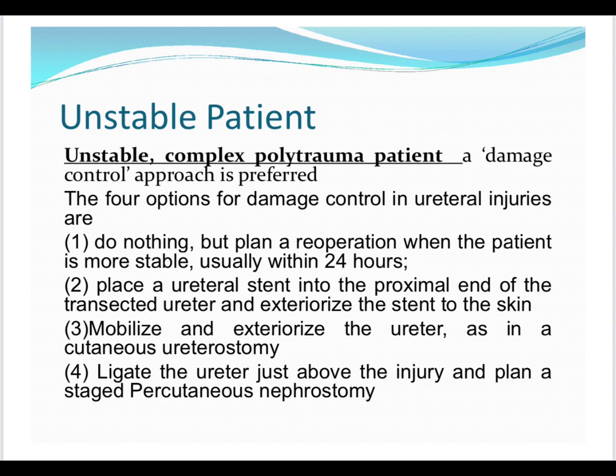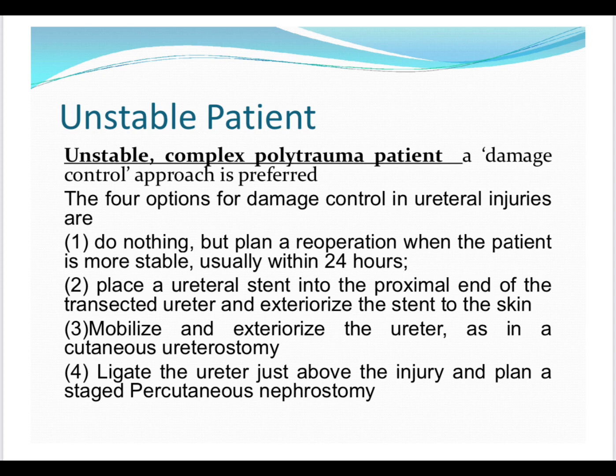Number one, do nothing but plan a reoperation when the patient is more stable, usually within 24 hours, or place a ureteral stent into the proximal end of the transected ureter and externalize the stent to the skin, or mobilize and externalize the ureter as a cutaneous ureterostomy, or ligate the ureter just above the injury and plan a staged percutaneous nephrostomy. So these are the things you can do for an unstable patient on the table.